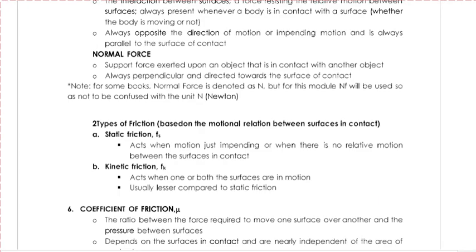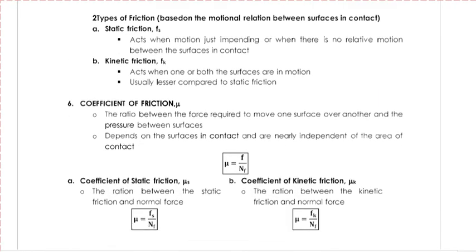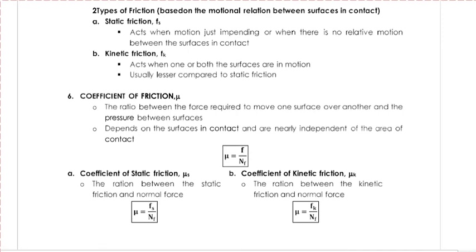Next, we have your coefficient of friction. So the ratio between the force required to move one surface over another and the pressure between surfaces depends on the surfaces in contact and is nearly independent of the area of contact. So take note of the formula. We have F all over your normal force.